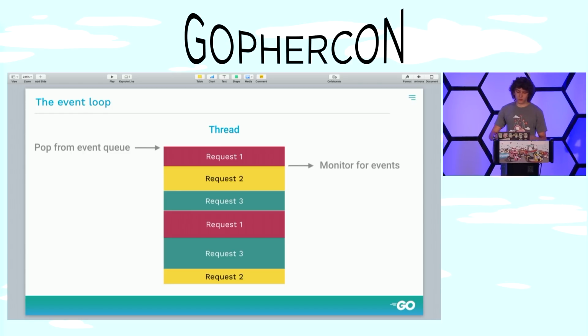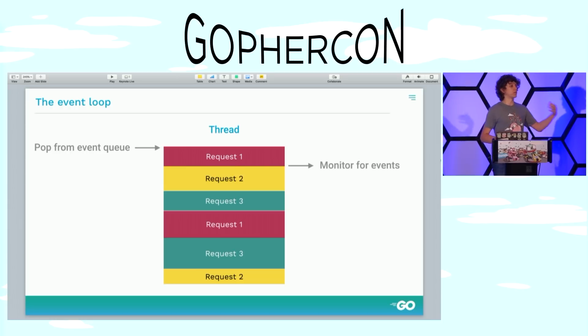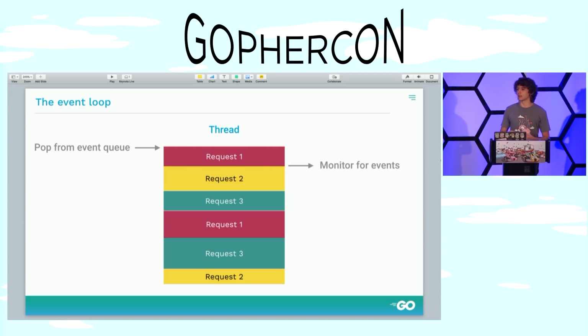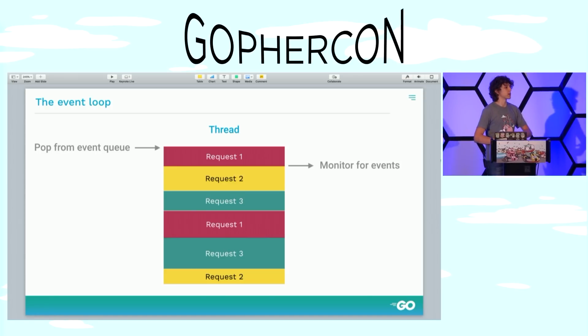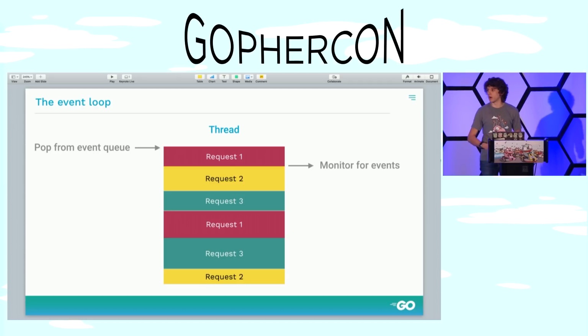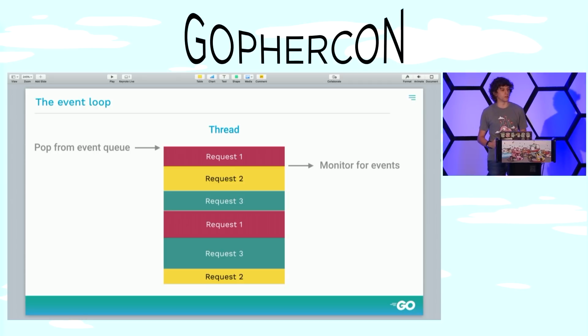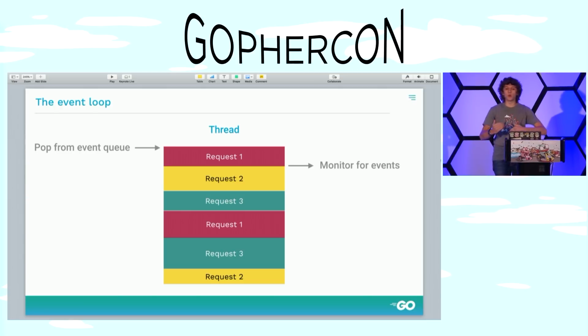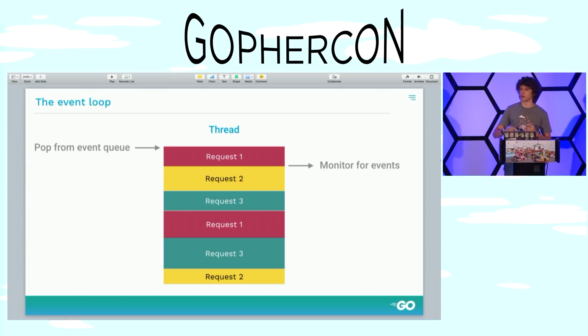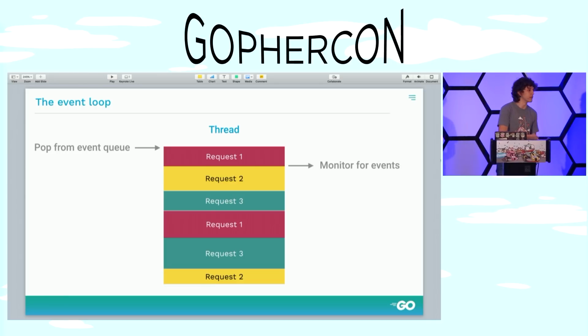And to do that, they have an event queue of events coming in. And so an event comes in and can be a new connection, or someone writing on an existing connection. And the loop will pick it up from the event queue, and it will start serving it. And it will do as much work as it can locally without blocking on files, without blocking on network.